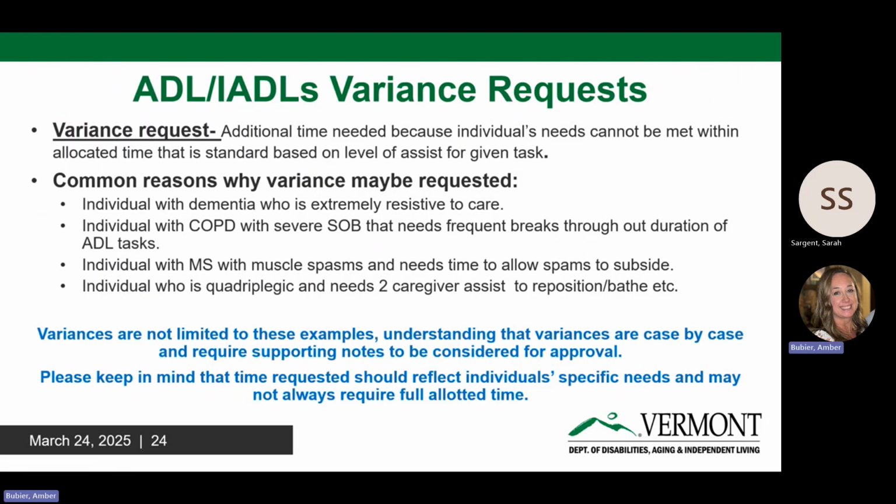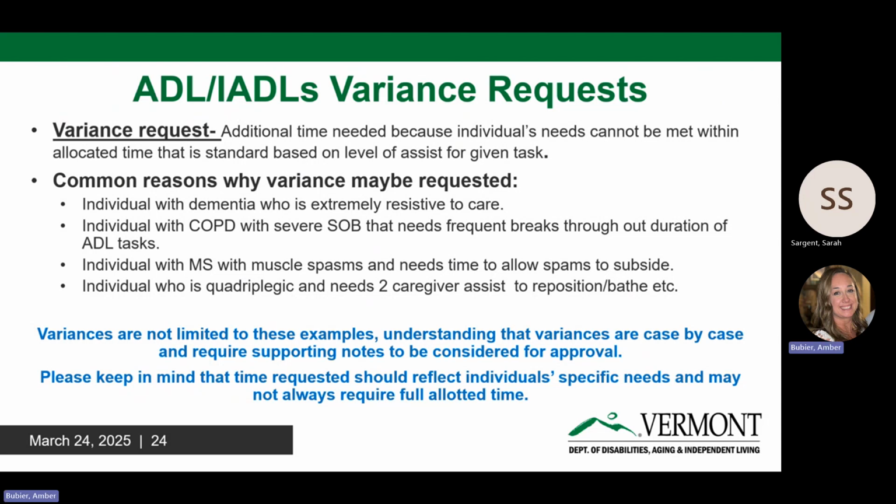Okay, variance requests. There are times where the generated amount of time that is just standard based on your level of care rating is not the appropriate amount of time for an individual to receive their care. So if you are asking for extra time for a task, you would be putting in a variance request.